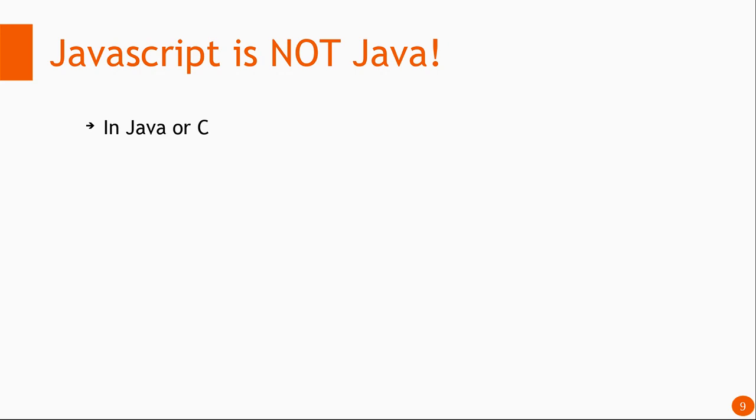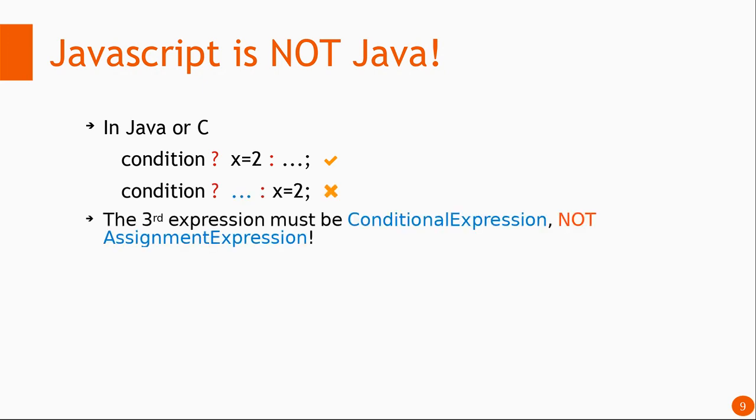In Java or C programming language, you can do assignment in the second expression, but not in the third expression. Of course, the solution is similar, the parentheses. But again, why bother to do it anyway? In JavaScript, both of them are supported.